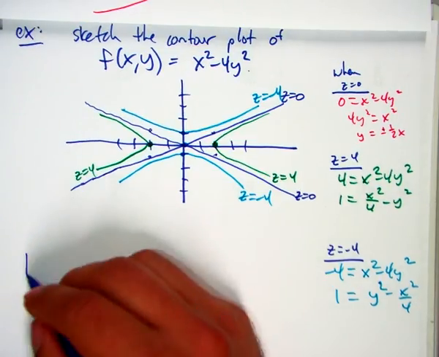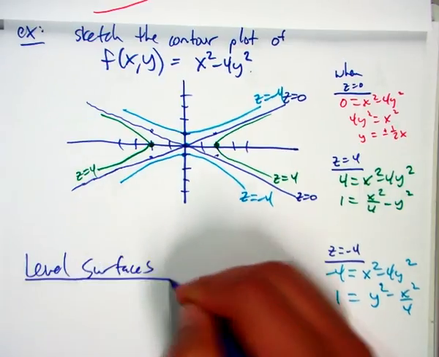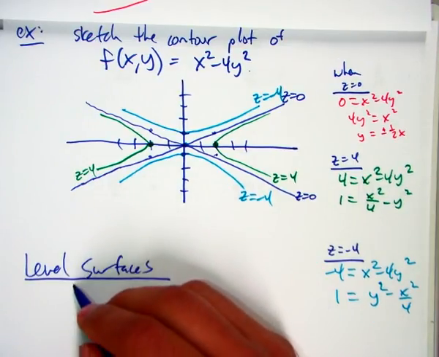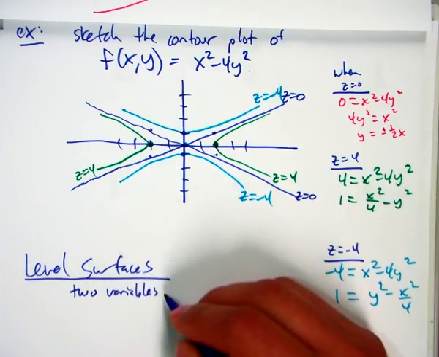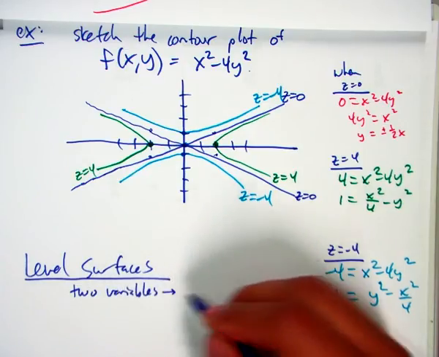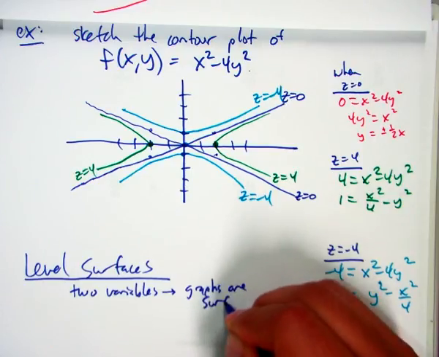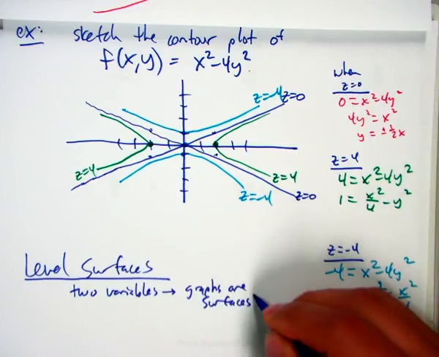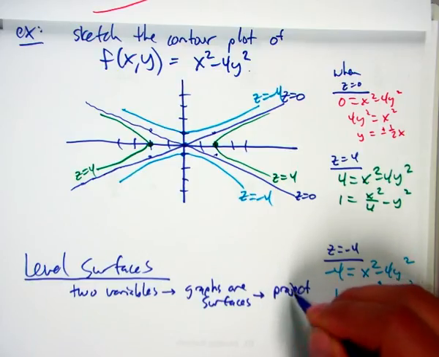There is something called level surfaces. Okay, and the analogy here is that if we have 2 variables, graphs are surfaces, we can project as level curves.